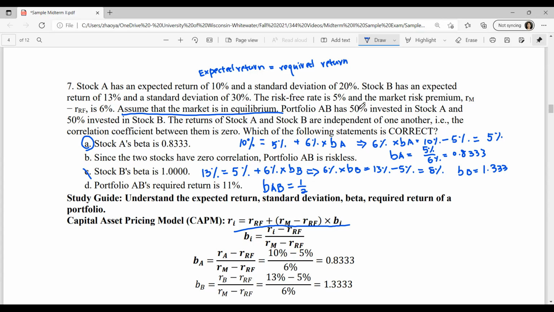portfolio AB invests half in stock A times beta A, plus half, this is the weight of stock B, times beta B. So let's do the calculation here.